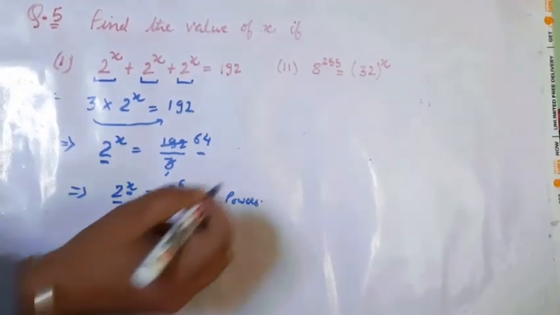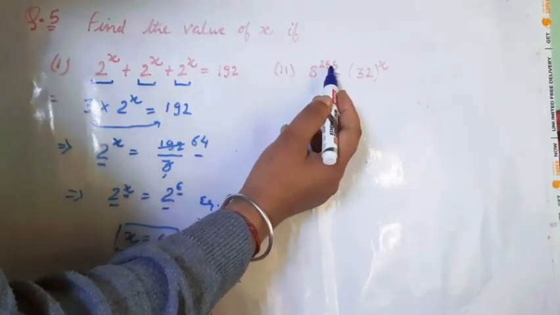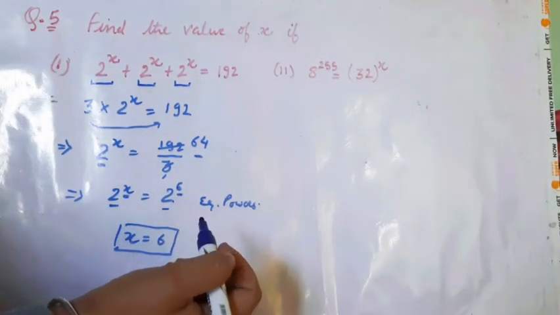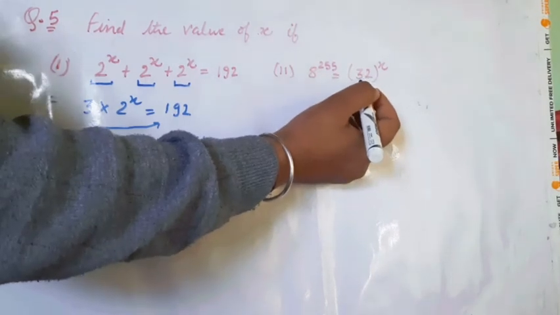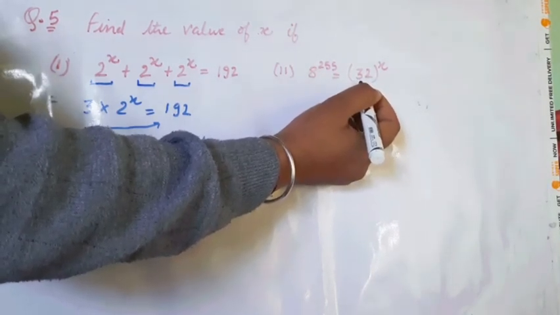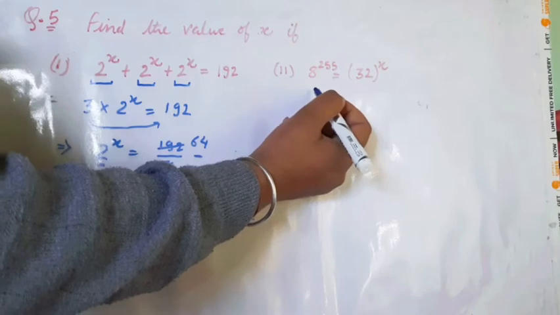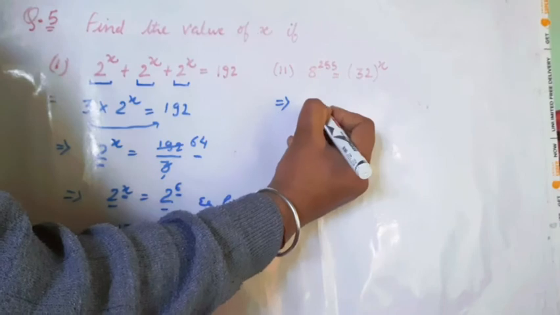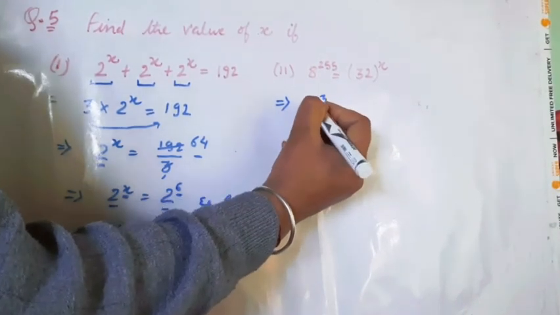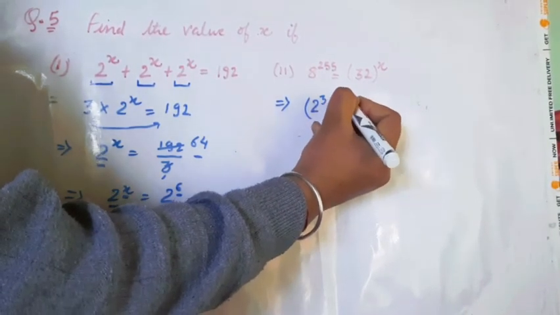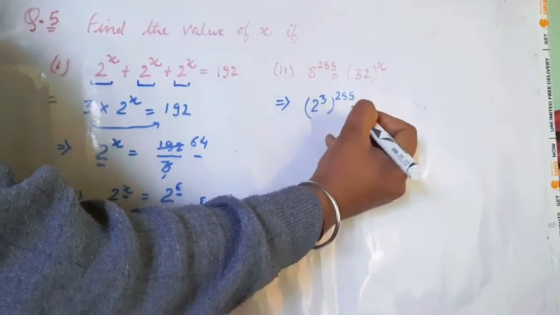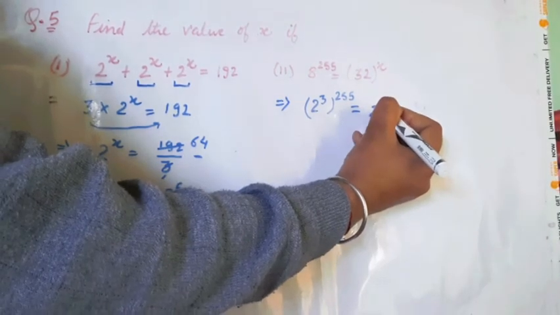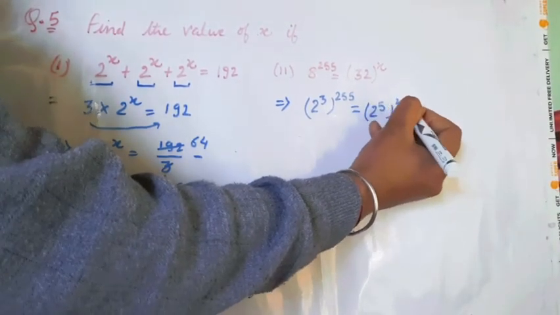Next, here we have 8 raised to power 255 and 32 raised to power x. So let us do prime factorization of them, because 32 cannot be written in the powers of 8 and 8 cannot be written in the powers of 32. So for the common base we will write 2 raised to power 3 and whole raised to power 255 will be equals to 32 can be written as 2 raised to power 5 whole raised to power x.